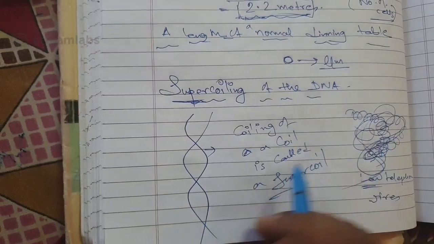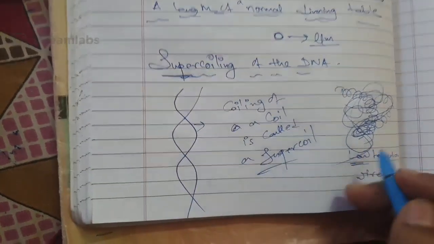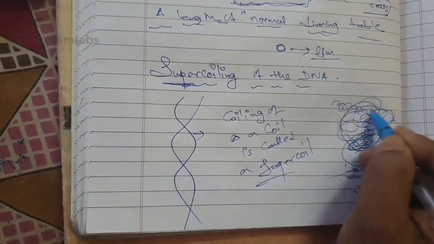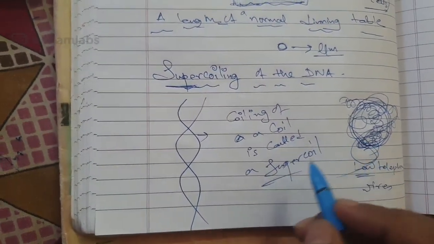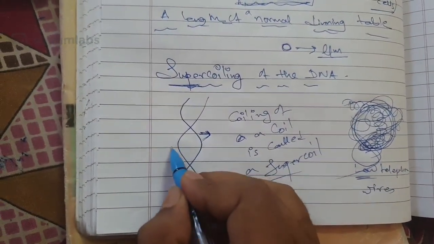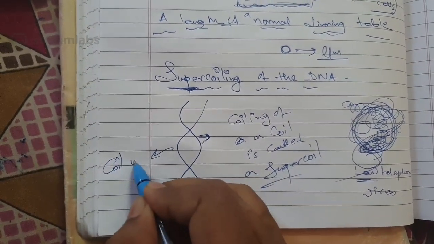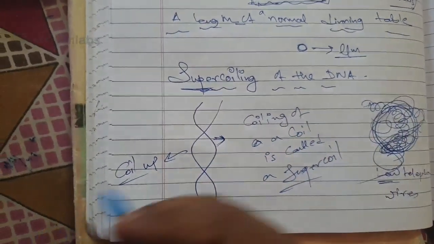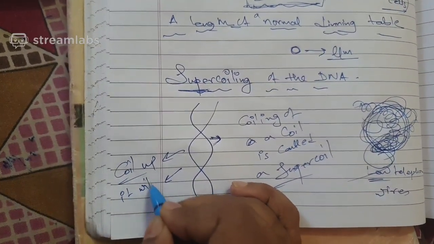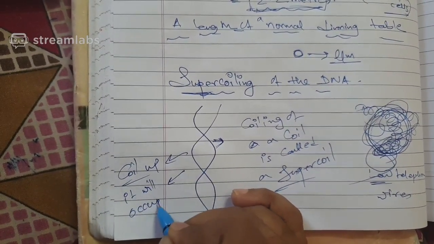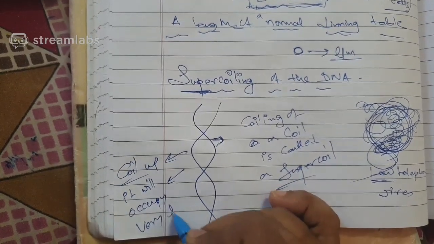So they used to form a supercoil, and it is commonly noticed that they occupied smaller space when they coiled. So definitely when DNA coils up or supercoils, it will occupy very little space.